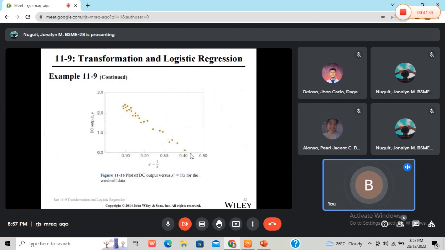And this one, the plotted diagram is a plot of DC output versus x prime equals 1 over x for the windmill data.